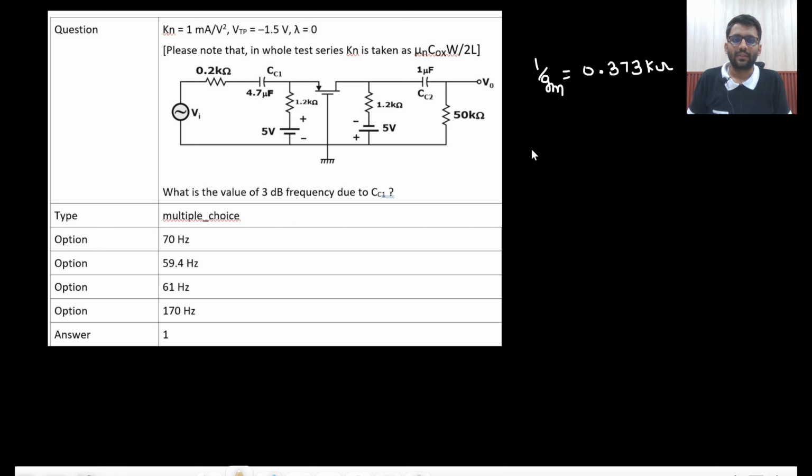And what is the equivalent resistance? 0.2 kilo plus 1.2 kilo parallel with 0.373 kilo. This is the equivalent resistance.